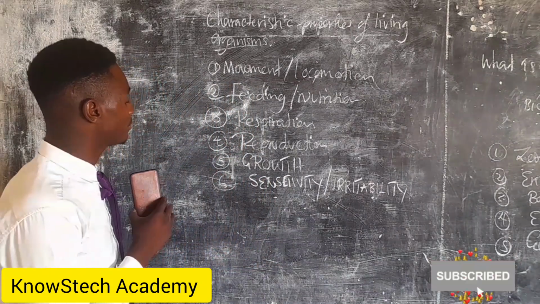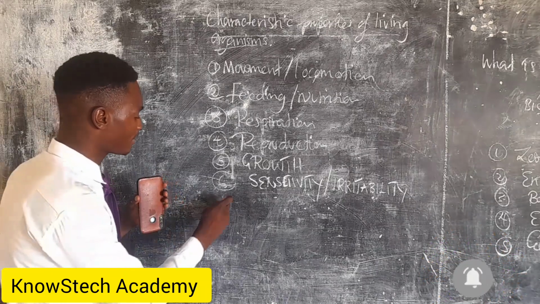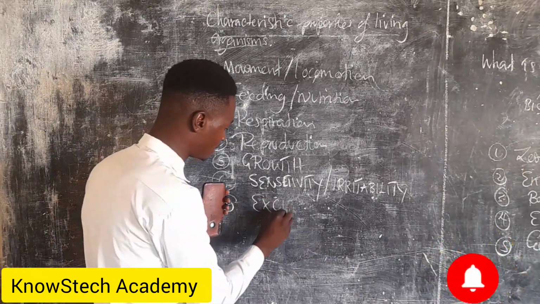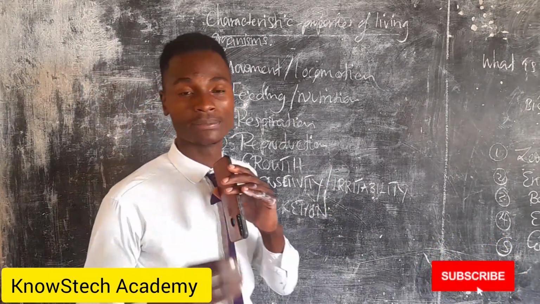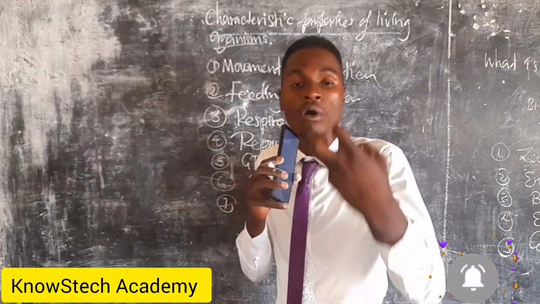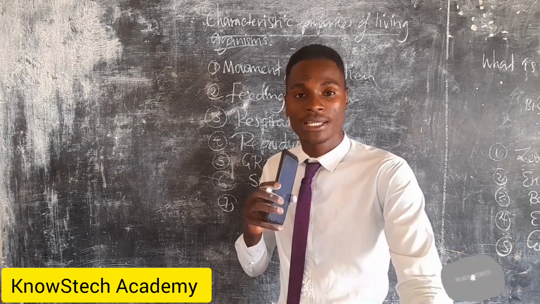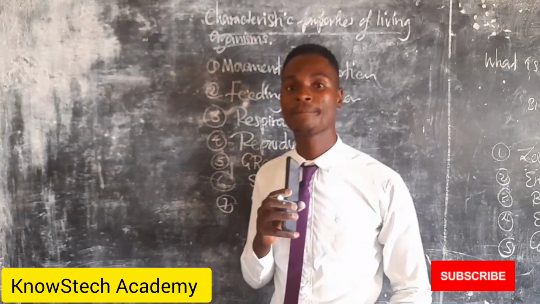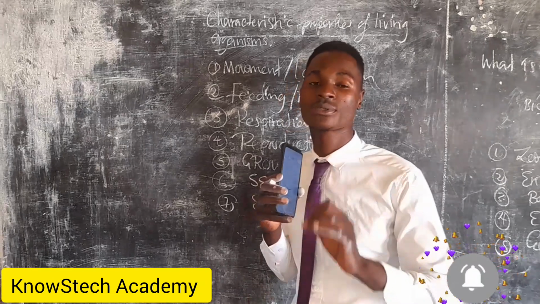So we've looked at 6, and number 7, which will be the last one in this video, is excretion. Excretion is the removal of toxic metabolic wastes from the body through excretory organs.